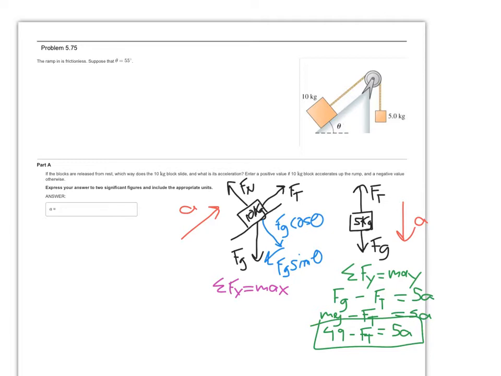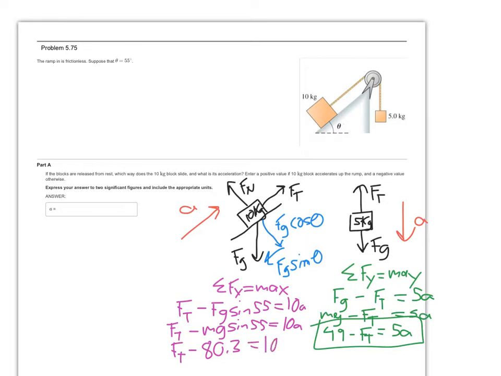Setting up my x equation for the one on the incline, I'm going to have Ft minus Fg sine of 55, which is my angle here, equals 10a. So Ft minus mg times sine of 55 equals 10a. So I end up getting Ft minus 80.3, just mass times 9.8 times sine of 55, equals 10a.